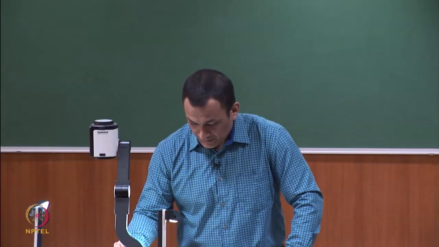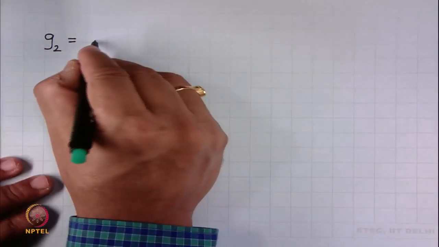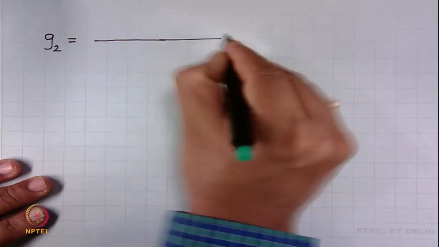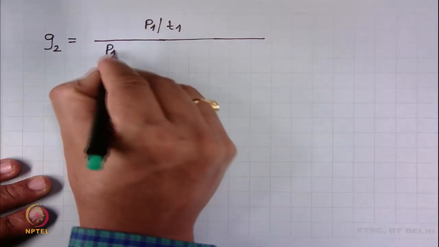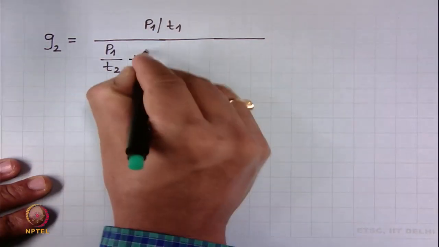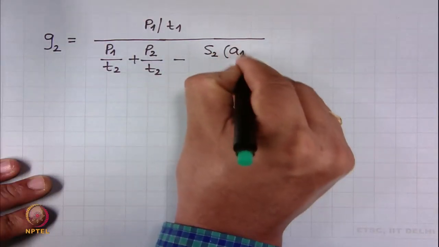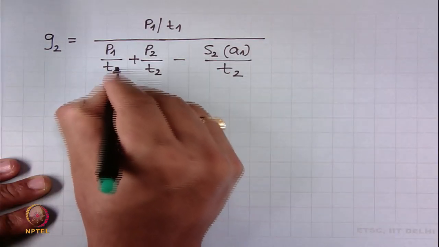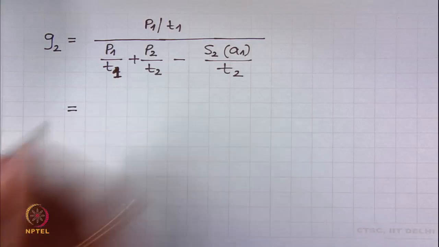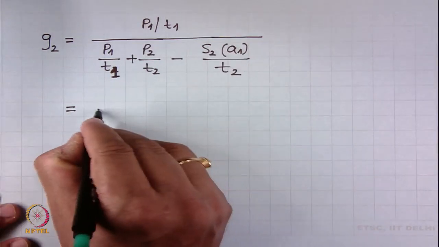So, the blend ratio at which bundle tenacity will be minimum is equal to P1 by T1 plus P2 by T2 minus S2 A1 by T2, this is the expression. Now, in this particular problem, P1 by T1 is given as 0.36.